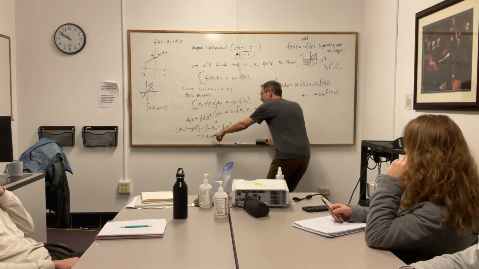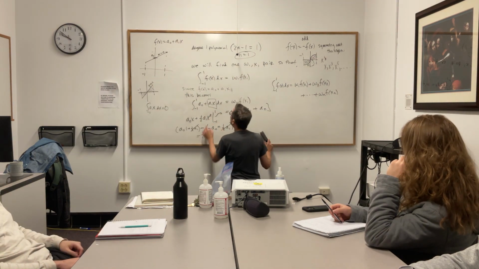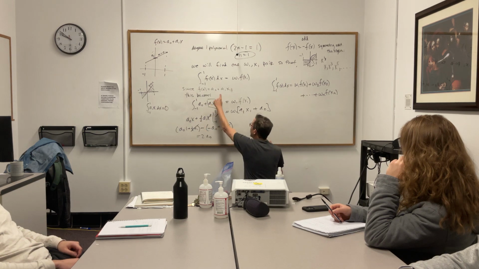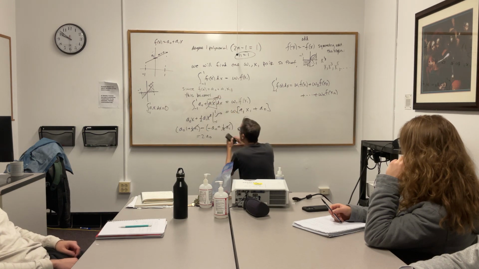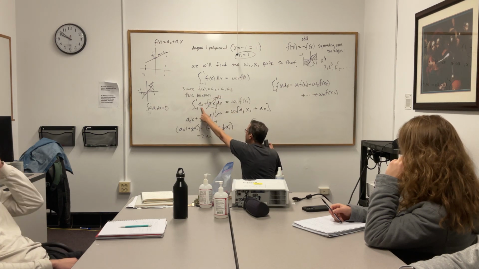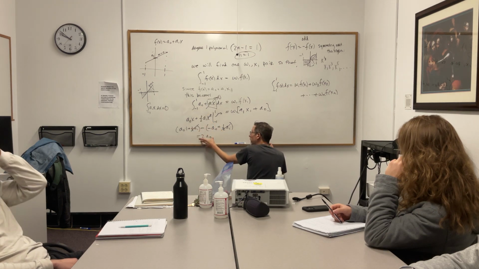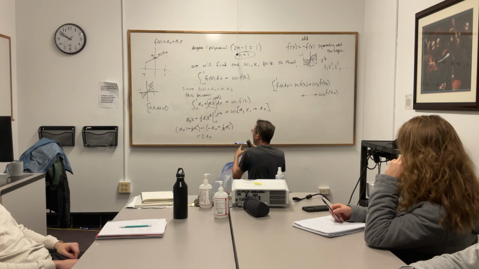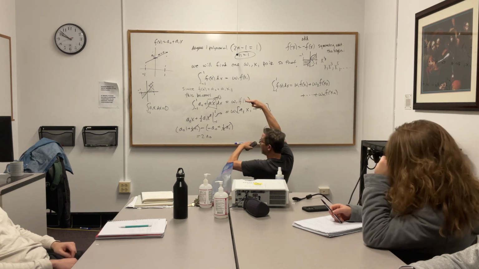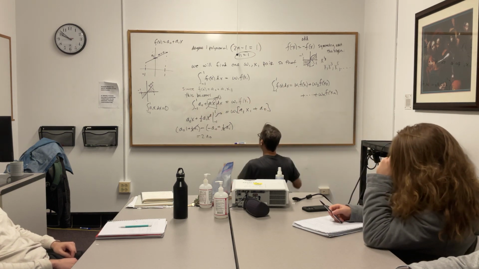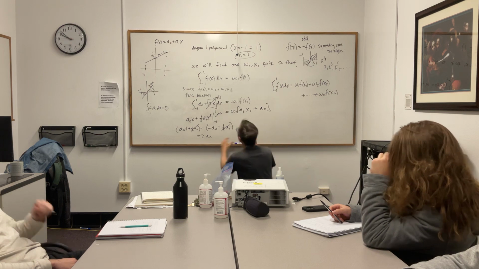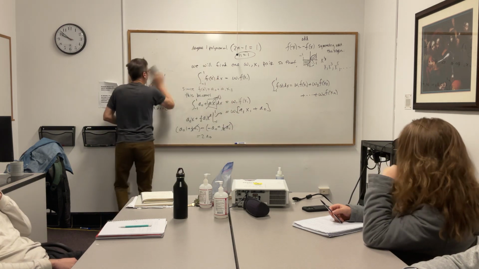Either way, we get this. No matter what, this piece is going to go to 0, and I'm just left with that constant over an interval of width 2, so I expect 2a naught to come out, just the area of the rectangle of height a naught, width 2. So this, let's summarize up here a little bit.